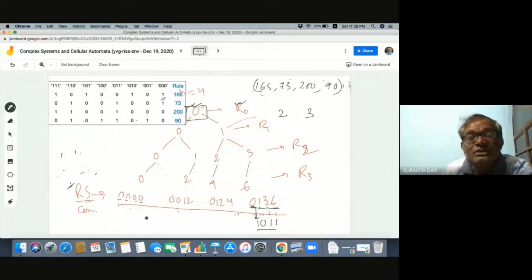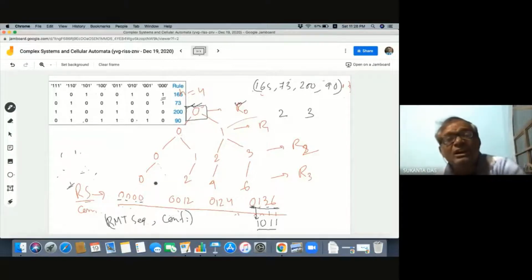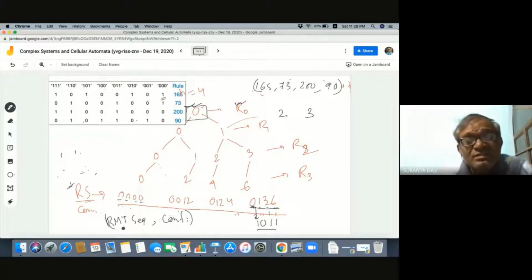This is the RMT sequence and configuration pair. This is nothing but a predecessor, since the RMT sequence is one way of representing a configuration.